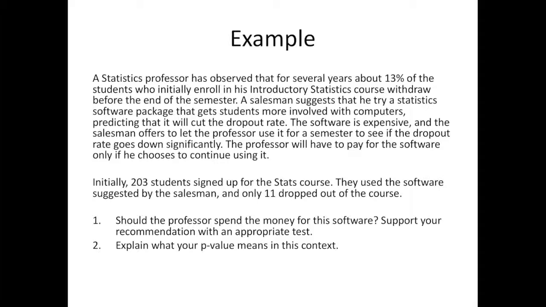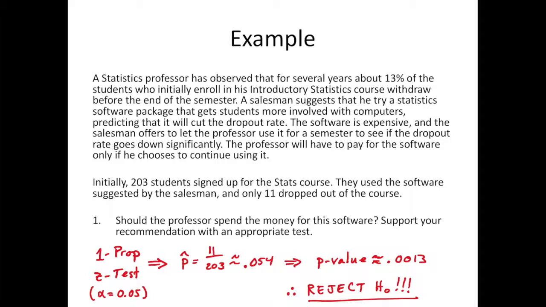So if the true withdrawal rate is 0.13, we would see results like we obtained in only approximately 0.1% of random samples of size 203. So that's why this results in us rejecting the null, because this is a fairly rare occurrence. And so we therefore believe that our original assumption, our model of the world, is incorrect.